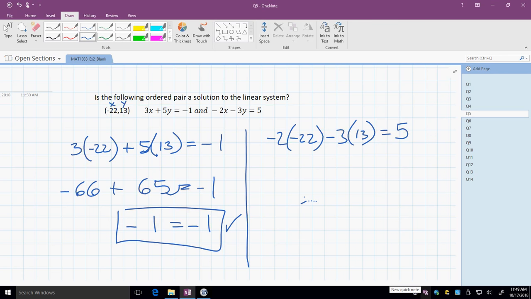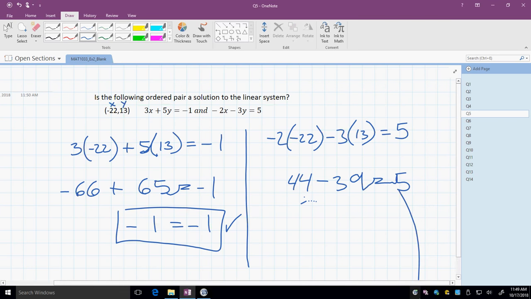So 2 times 22 is going to give me a positive 44 minus 3 times 13. How much is that? Yes, 39, equals 5. If you subtract that, different signs subtract, get the sign of the largest number, so my answer is going to be positive.